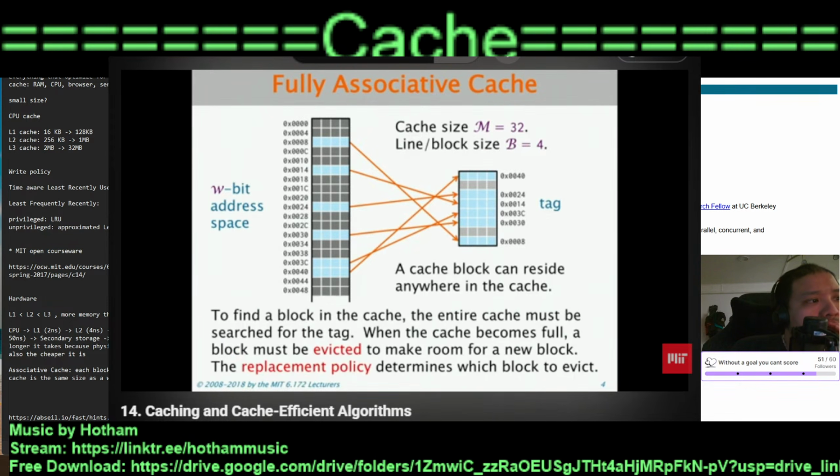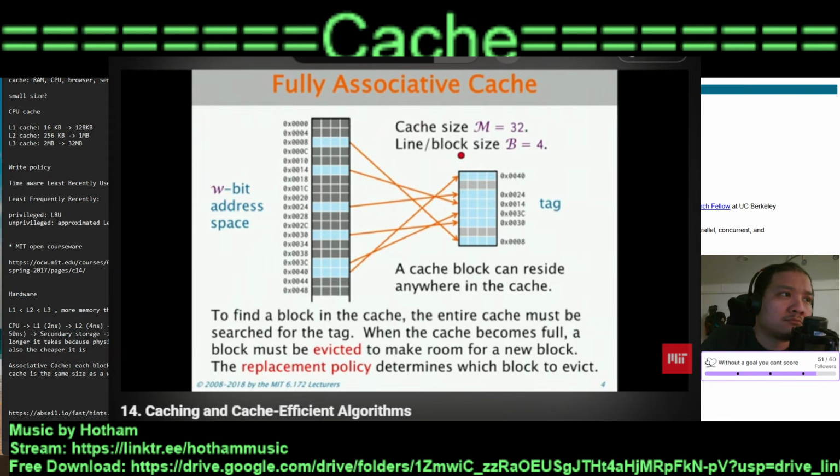To find a block in a fully associative cache, you have to search the entire cache because a cache line can appear anywhere in the cache. And there's a tag associated with each of these cache lines that specifies which of the memory addresses in virtual memory space it corresponds to.